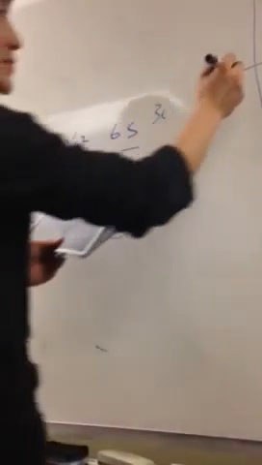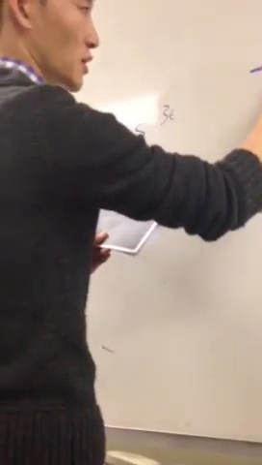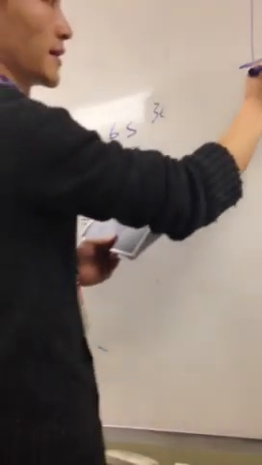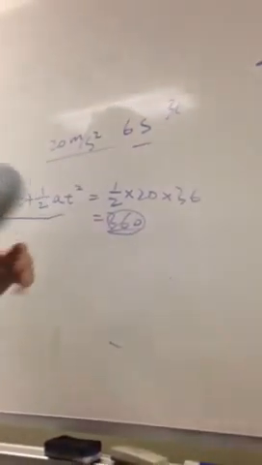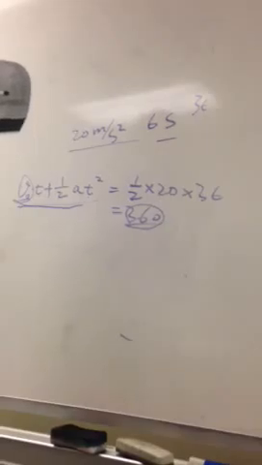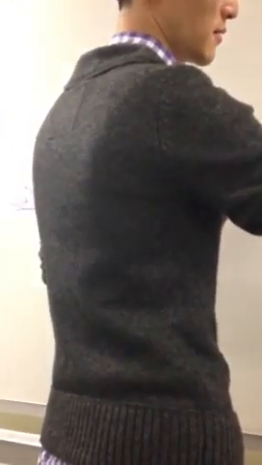And then here, the motor stopped, right? And here was the velocity when the motor stopped. The velocity is 20 times 6, 120.